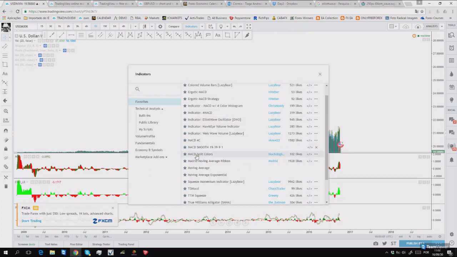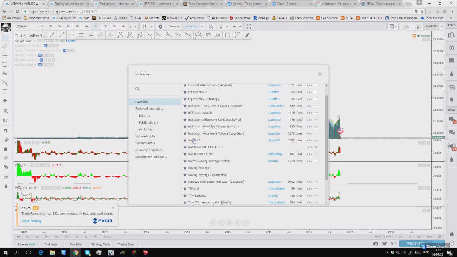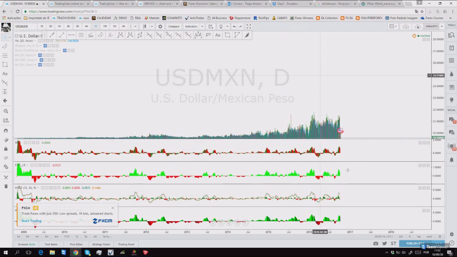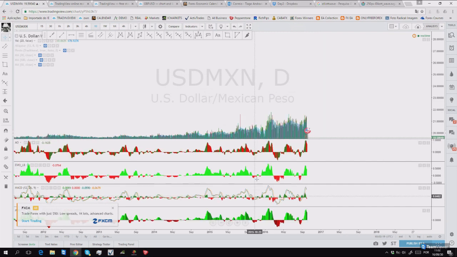Well, these are all the same. You see the lines? The signal line is what is drawn here on all these.